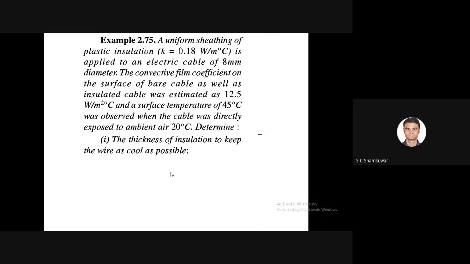Determine the thickness of insulation to keep the wire as cool as possible. Okay, just answer this one. This is a GATE question.